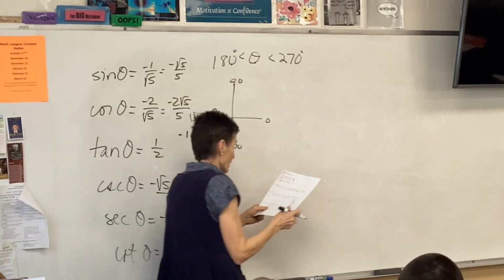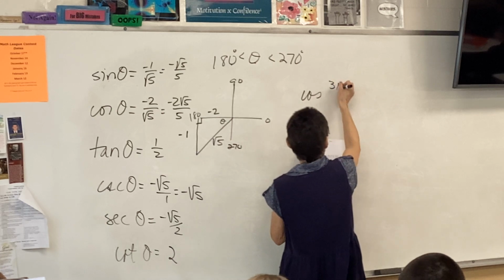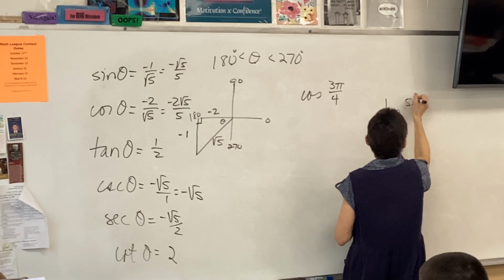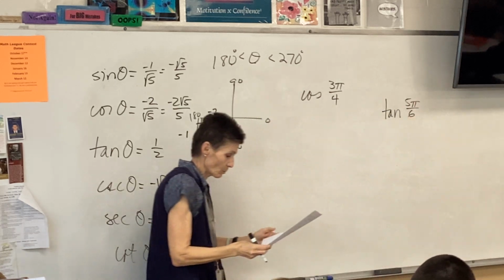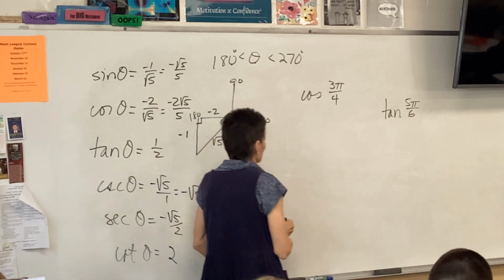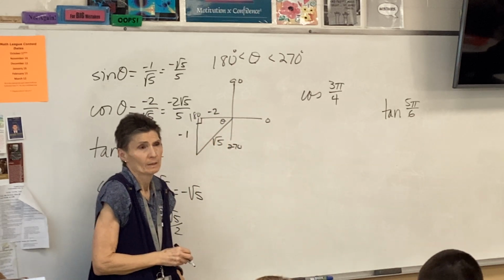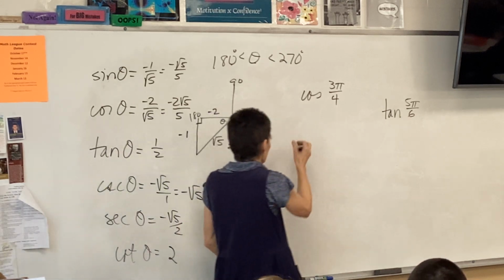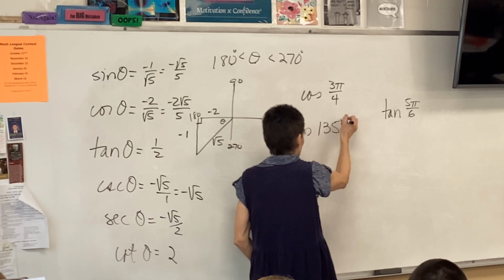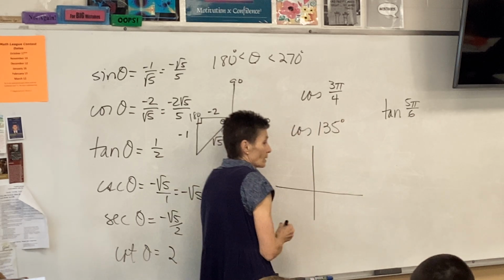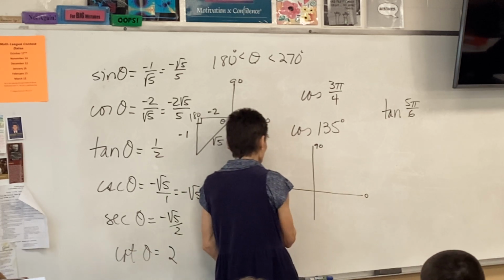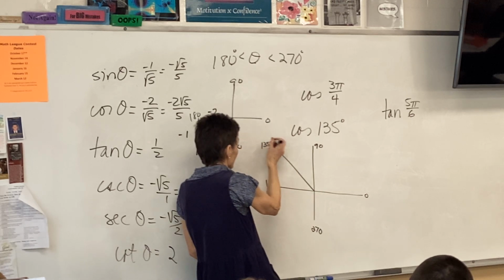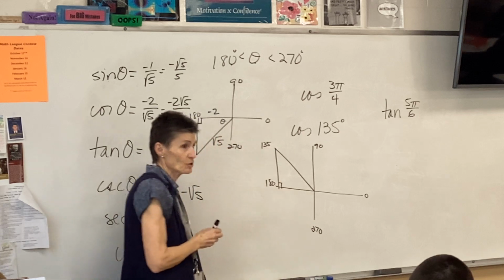Number 5. This is exactly what you just did on your quiz. These problems are exactly what the front side of your quiz was. So, first thing you're going to do is what? Change 3 pi over 4 into degrees. And I hope you get 135. Where is 135? Right here, right? So I make a triangle. Always make a triangle unless you're on a line.